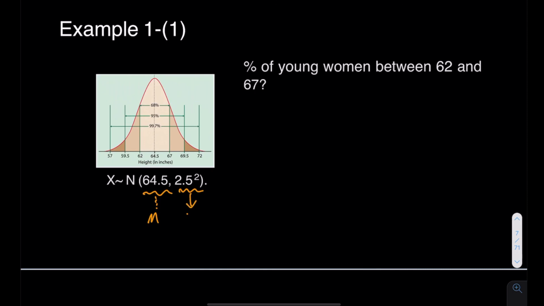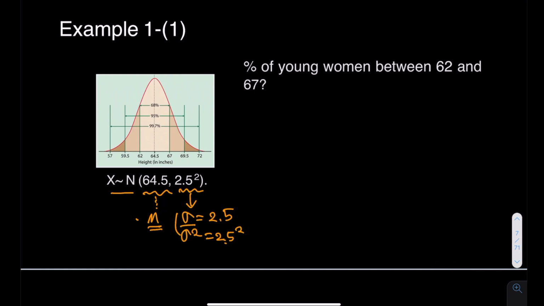So the standard deviation sigma is 2.5, but the variance is 2.5 squared. Given mu and sigma, we have one unique normal distribution, and it is given here. The average woman's height is 64.5 and the standard deviation is 2.5 inches.